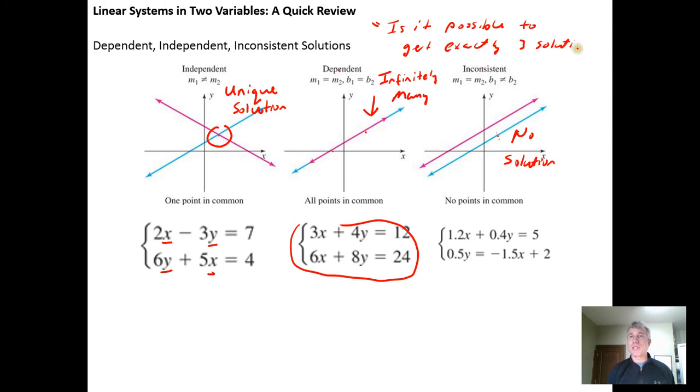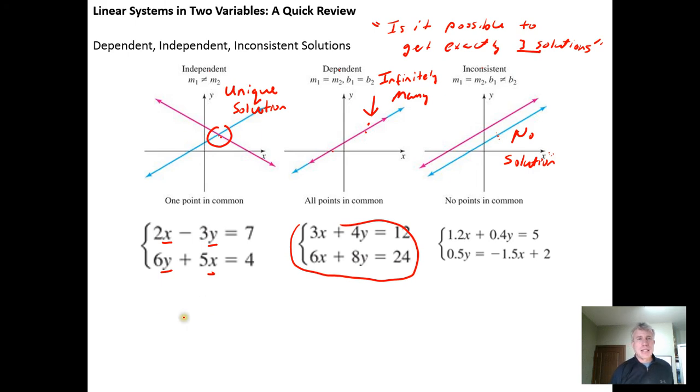If we have a system of linear equations, the answer would be no. It's impossible to get exactly three solutions when we have two linear equations in the Cartesian plane. We either get one solution, infinitely many solutions, or no solution at all. We can't get exactly 3 or exactly 15 solutions. That's not one of the geometric possibilities.